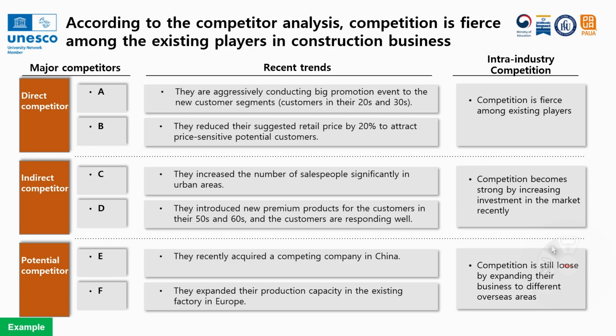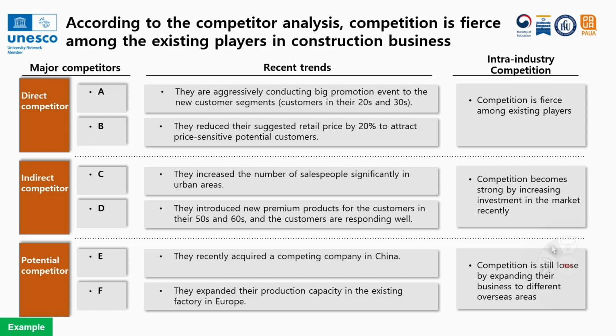But if the market is mature, a red ocean, and there is a temptation to lead the price decrease, then eventually everybody will reduce the price, and the margin of the overall market is very low. So that could be the disaster of all the existing players.